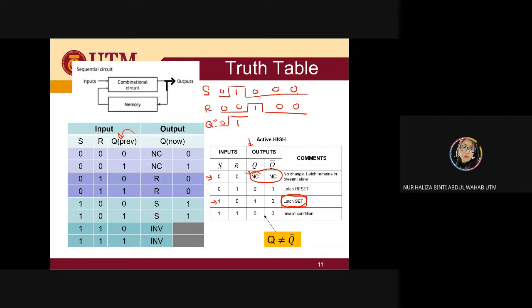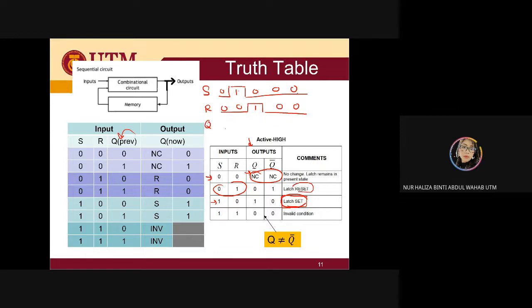Now the next condition is 0, 1. It's going to reset. For 0, 0, we look into the previous output. Our previous output is 0, so there is no change. Now let's say I change the condition like this.